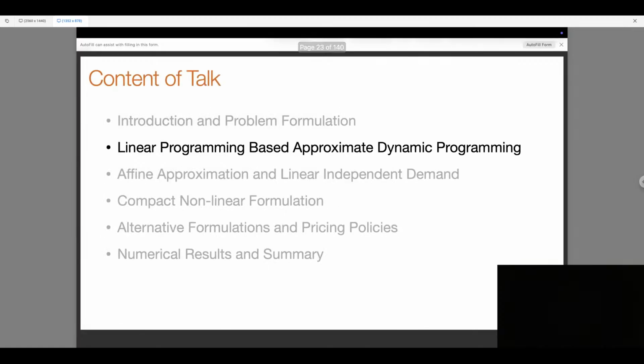And then let's start with the linear programming based approximate dynamic programming.